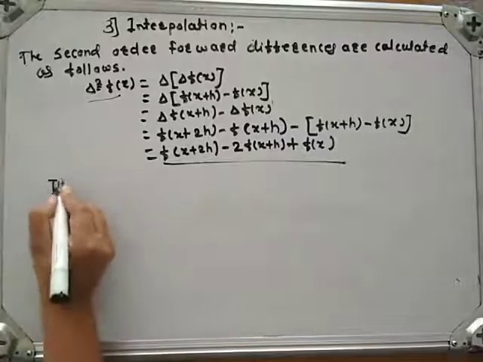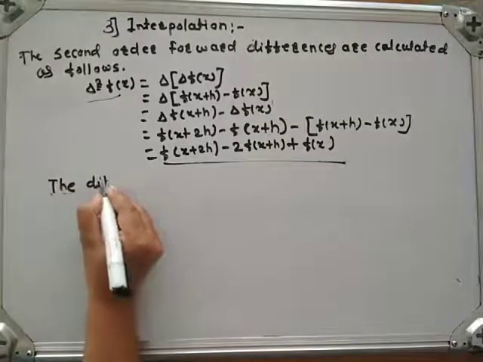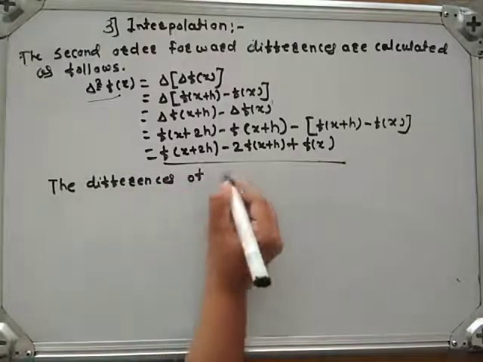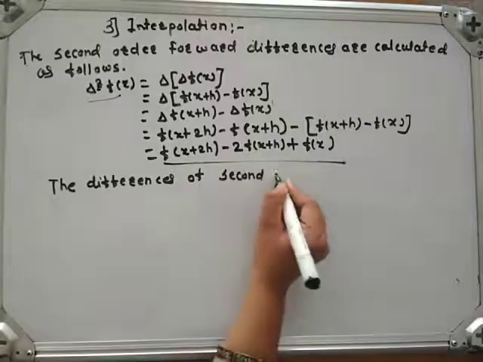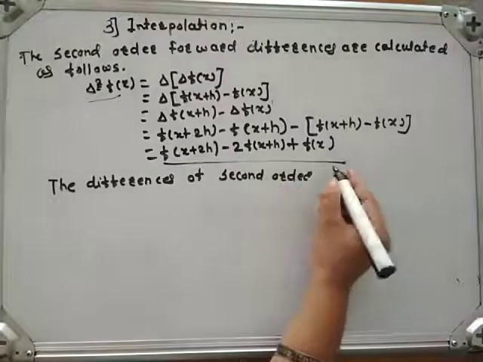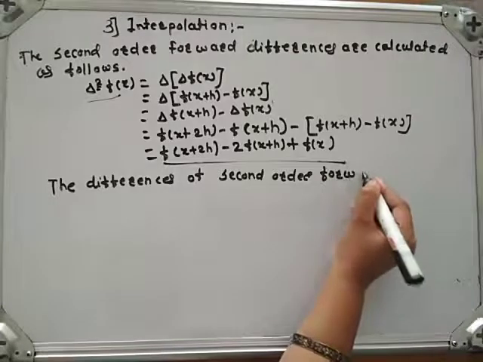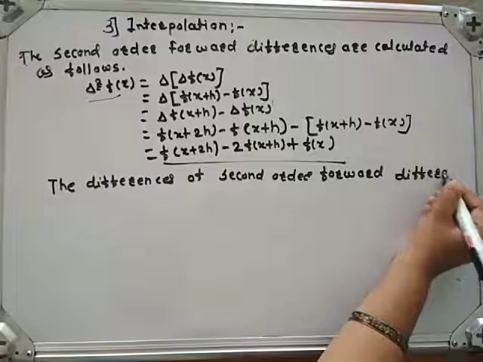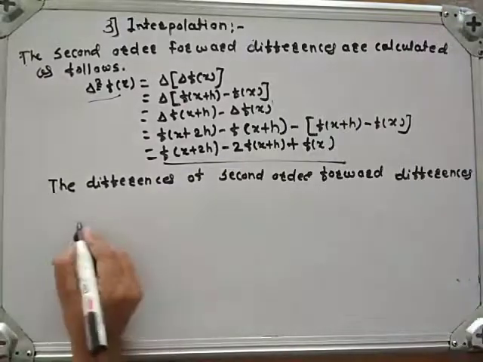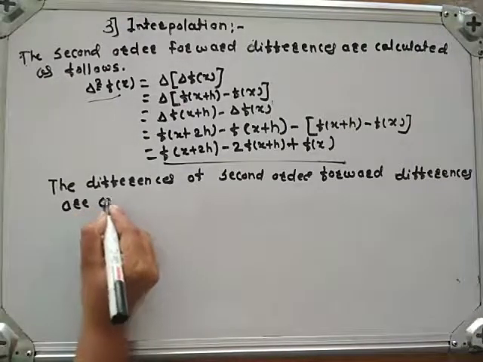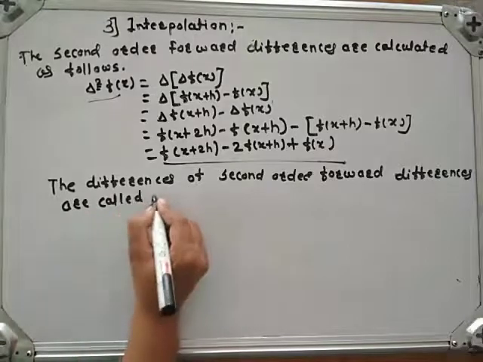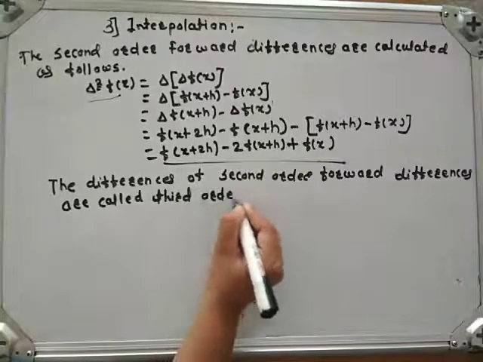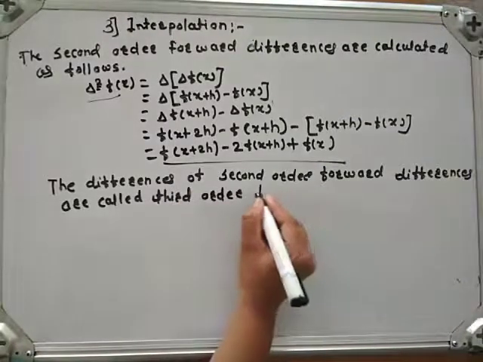In the next line, write down: the differences of second order forward differences are called third order forward differences.